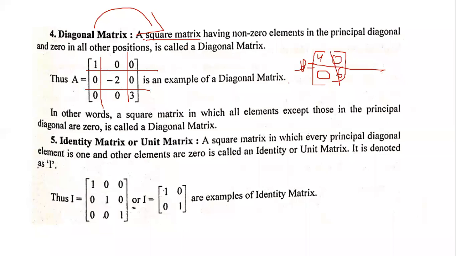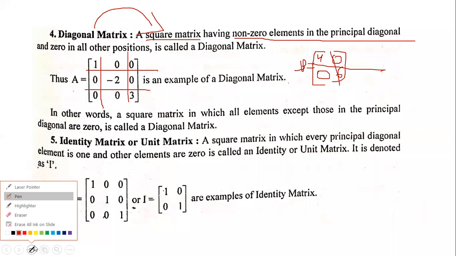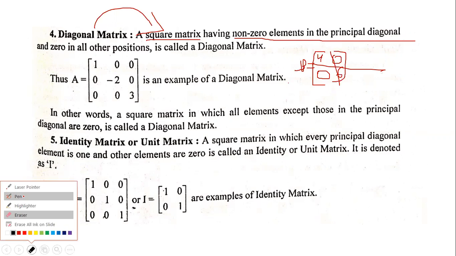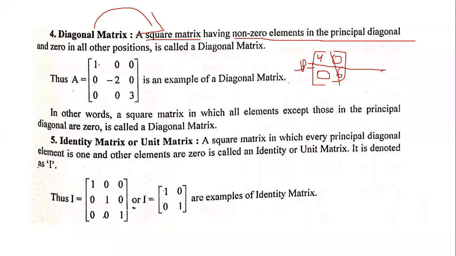A square matrix having non-zero elements in the principal diagonal. These definitions are important because they can ask for 2 marks, and you can expect one question in 6 marks or 14 marks asking to explain all the types of matrices. So carefully understand. A diagonal matrix has non-zero elements, some number, plus or minus does not matter, in the principal diagonal.